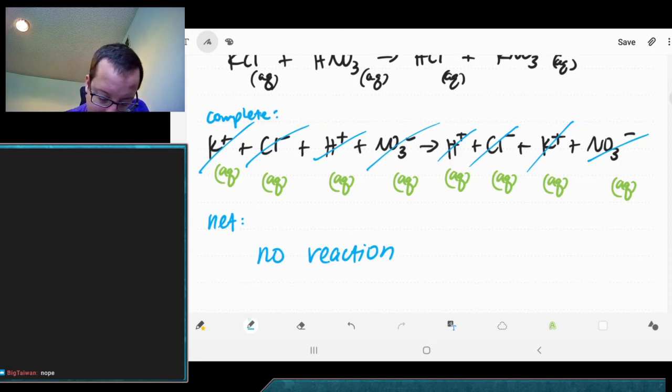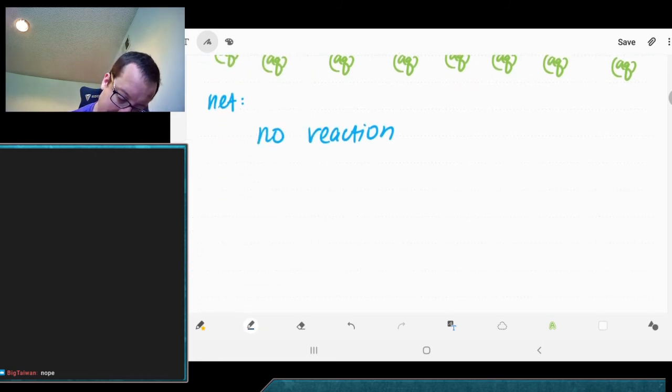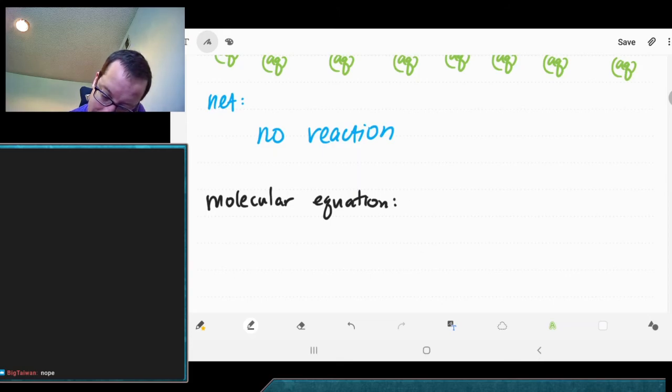All right, so in summary, we have the molecular equation. That's kind of our normal one that we're used to. We see this plus this equals that plus that, or whatever it happens to be. That's our normal equation.